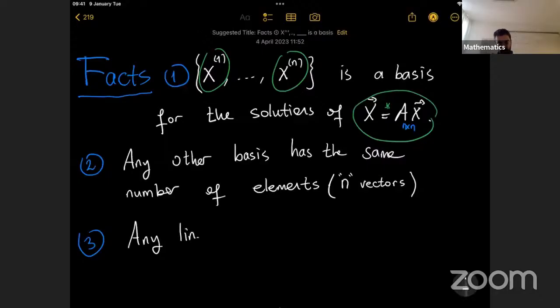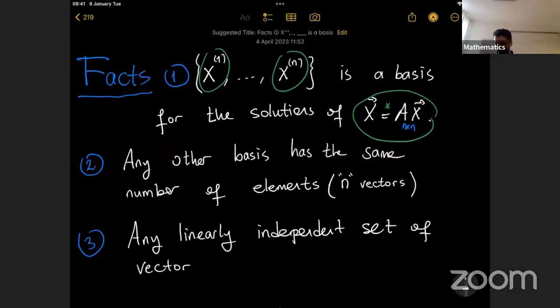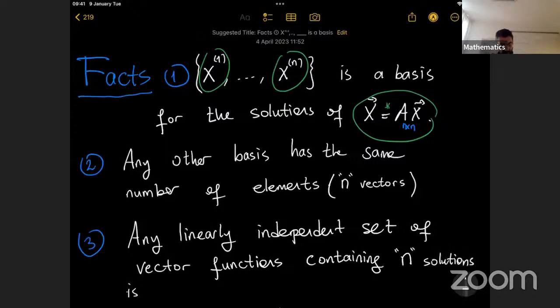Any linearly independent set of vector functions containing n solutions is a basis.